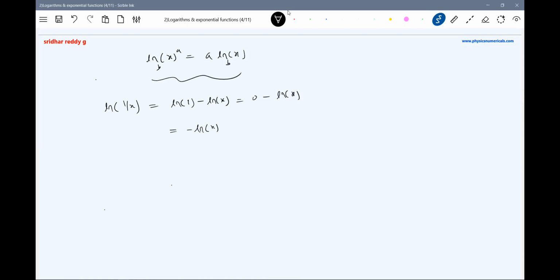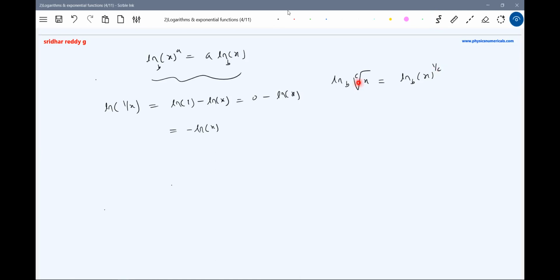Then the root rule. Power rule is what we have seen. So if there is a root, like log of root x, it's like this particular power, let it be c. Then this will become log x to the power of 1 by c. It can be anything. If c is 2, it will become square root.